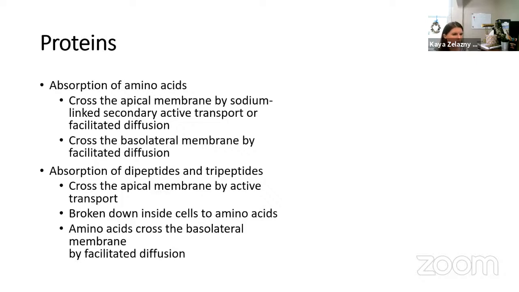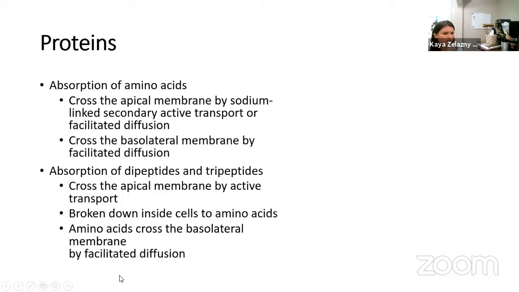So some dipeptides and tripeptides get absorbed as 2 or 3 monomers. And then they get broken down inside the cells to amino acids, ending up eventually with amino acids crossing our basolateral membrane into the plasma by facilitated diffusion, so down their gradients.